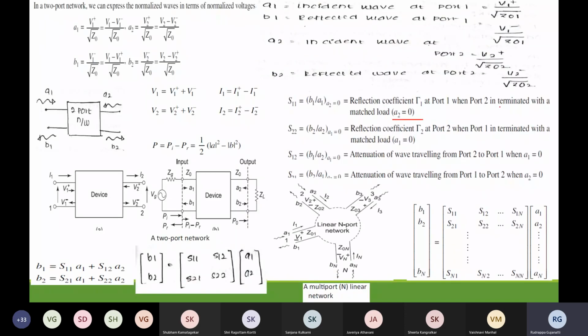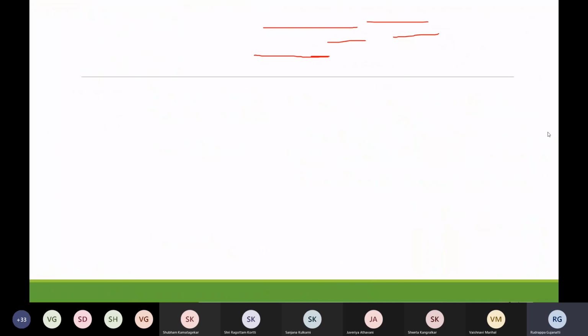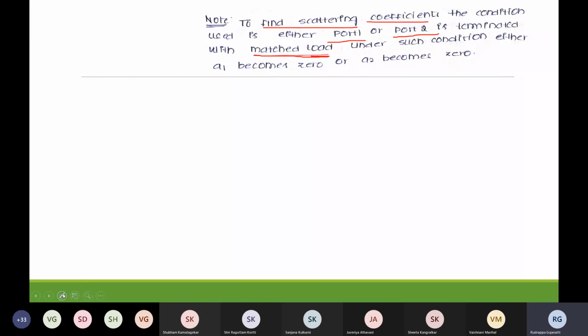When A2 is 0, it implies that we have terminated port 2 with a matched load. And if A1 is equal to 0, it implies that port 1 is terminated with a matched load. That is what we had observed in the previous case. So this is the S matrix representation of a multiport network.